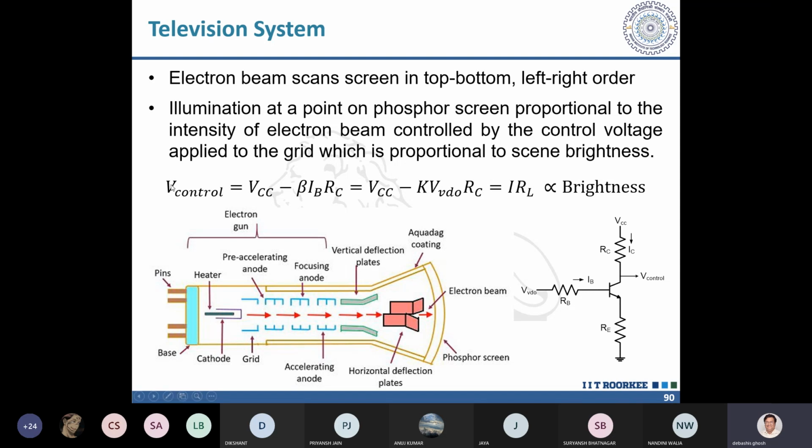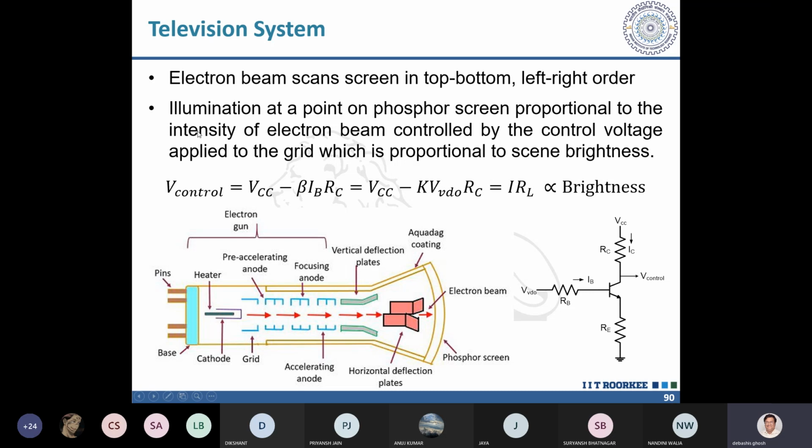So V control is proportional to your current I, and as we have already seen, this current is also proportional to the brightness. More bright, more current.